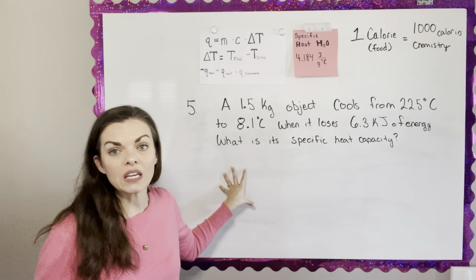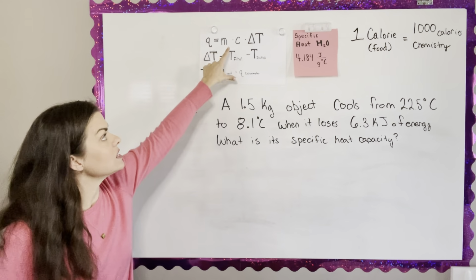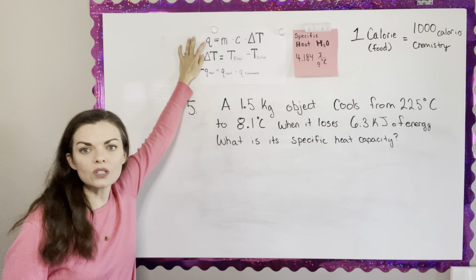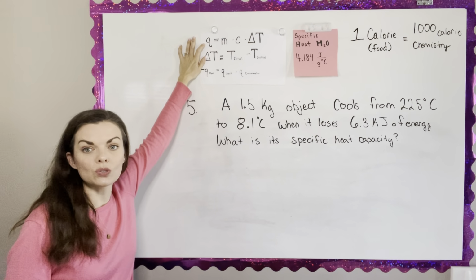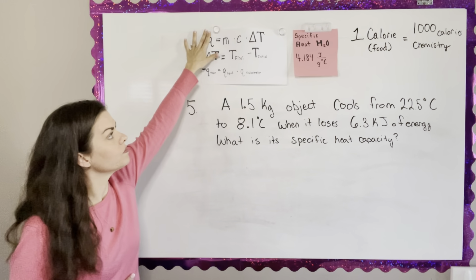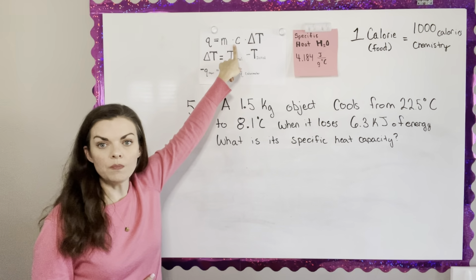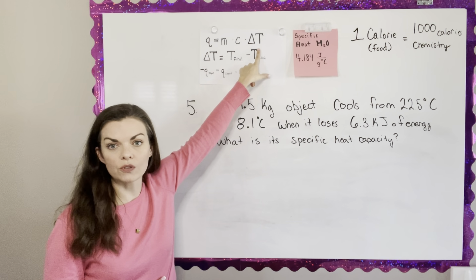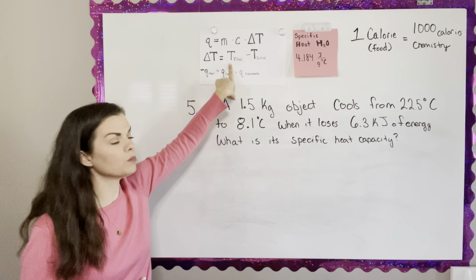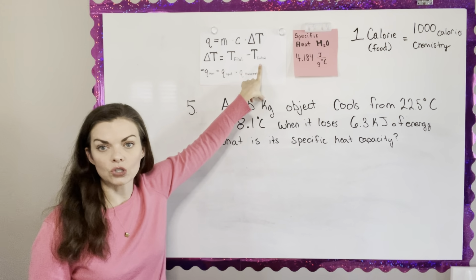And so specific heat capacity is the C. So they give me the Q, which is heat transfer. They just give it to me in kilojoules. That's the energy. They tell you the mass. You're looking for the C, and we can calculate the difference in temperature. And the difference in temperature is just the final temperature minus the initial temperature.